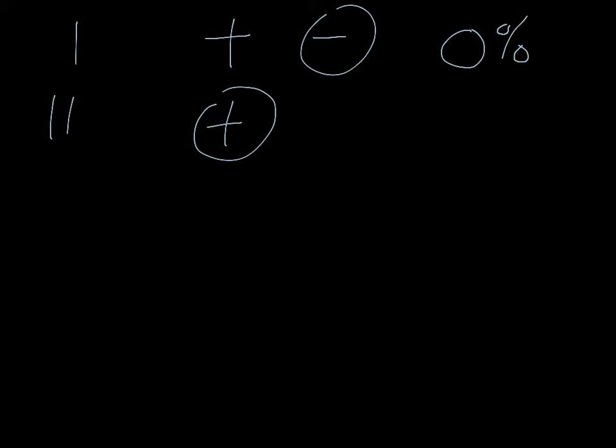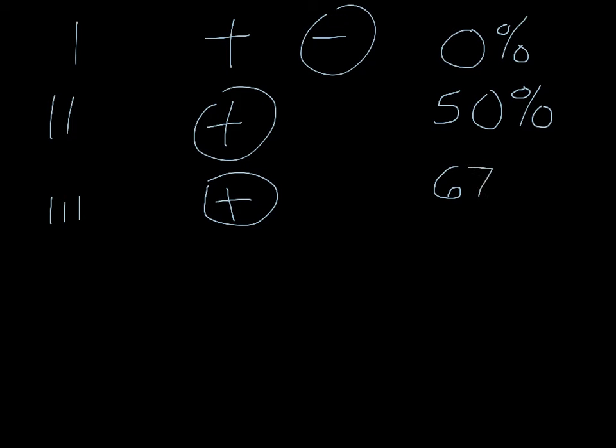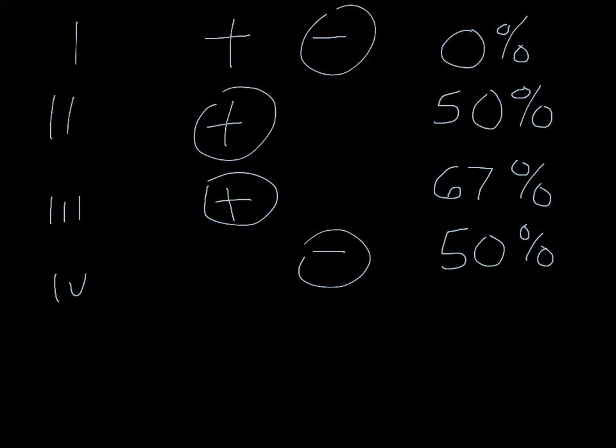So now 1 out of 2 leads me to a 50% success rate. Let's say the third time I launch it, I succeed. So now I have 2 positives and 1 negative. I'm at a 67% success rate. Fourth time, let's say I fail. 2 and 2 brings me down to 50%. Fifth time, let's say I succeed. 3 out of 5, 60%.